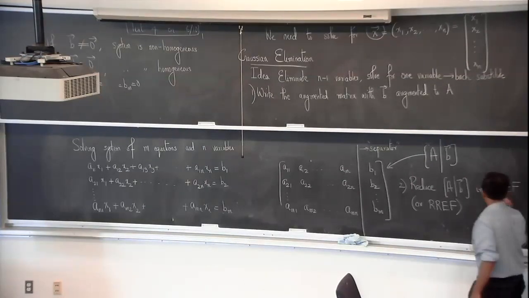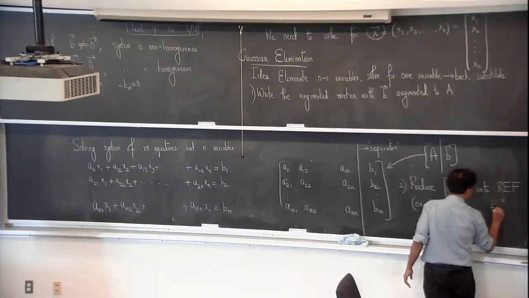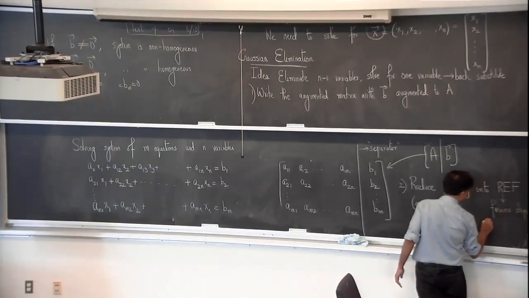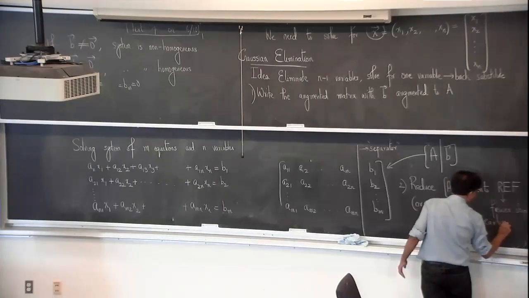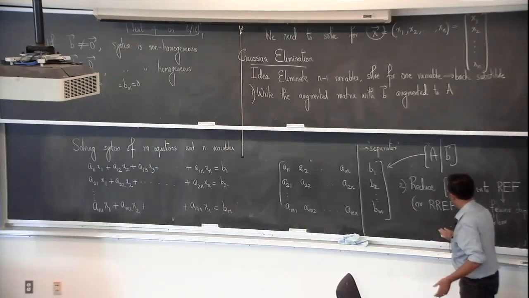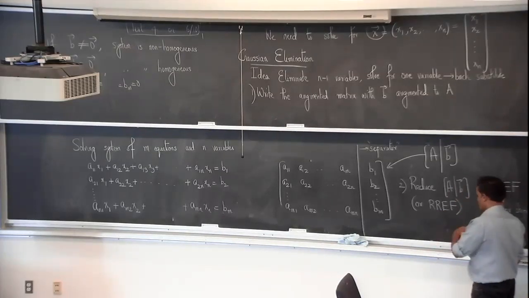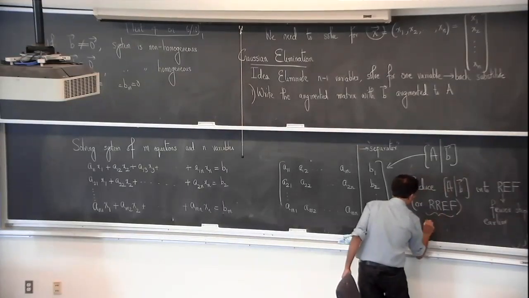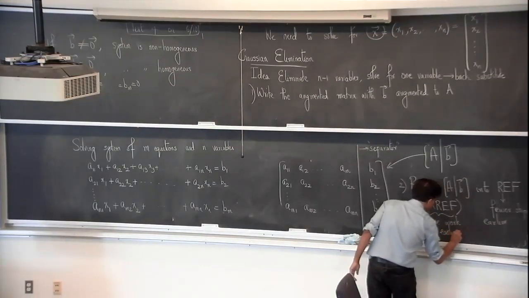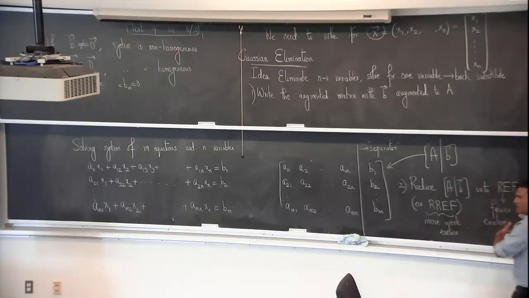So this has got fewer steps earlier, but a little bit more work later. Okay. This has got more work earlier, but fewer steps later. Because you need to get those extra zeros above the leading ones.